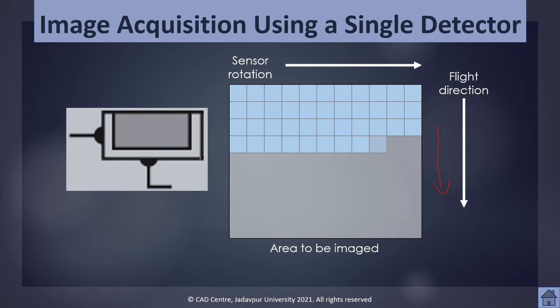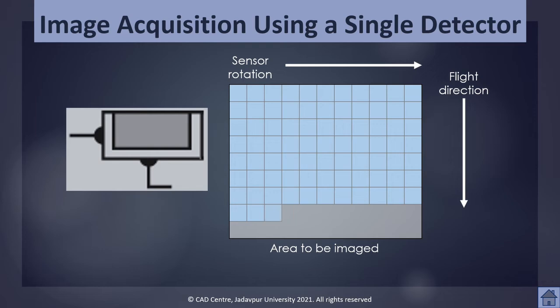One is the sensor motion and another is the flight motion. As you can see, it is basically time consuming, and since two different motions are being used, there are several problems associated with it.